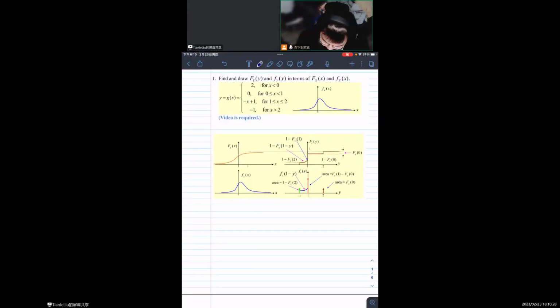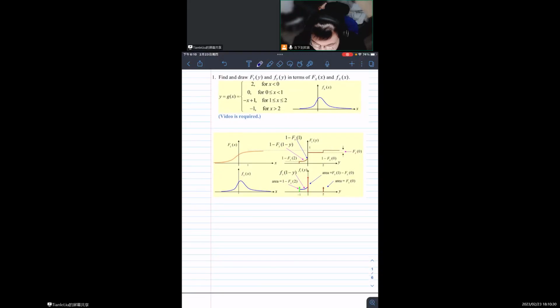For the first one, we need to see what the domain is, how to cut the domain for y of the probability function and its density function. We already have y with respect to x, and now we only need to transfer it to see what the range of y is.